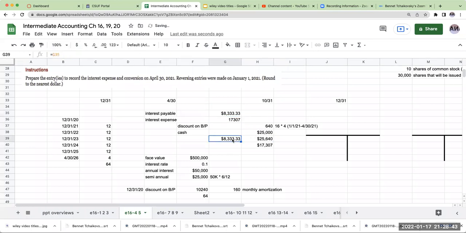reversing entries. So again, if we didn't use a reversing entry, we would have had to clear out the interest payable, and then you're seeing over here the interest expense. Now, you want to be really careful: if they are using a reversing entry, make sure that this is without reversing entries.